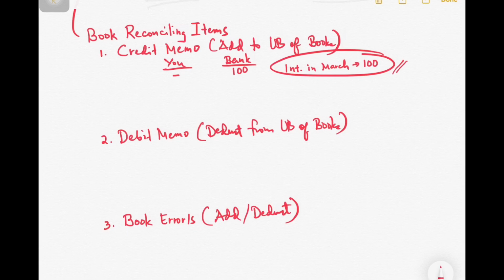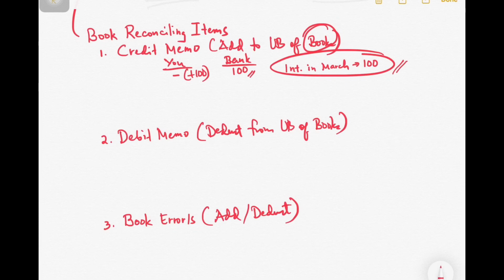That's why whenever you encounter these things, and this is called a credit memo, by the way, you will be adding to your own records, to the books, because you were not able to record it. But the bank did, right? The bank has the record. You don't have. So, in your records, in the books, this one, you should add 100. That's why, whenever you encounter credit memo, you will be adding.